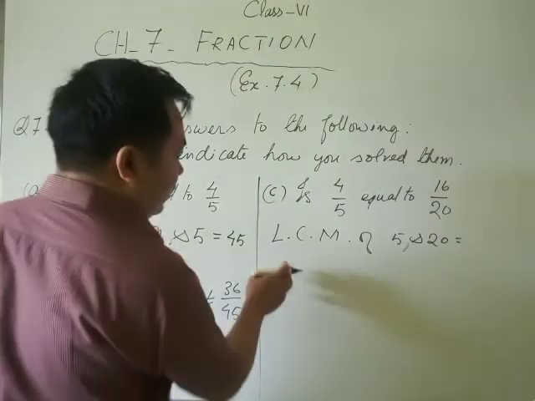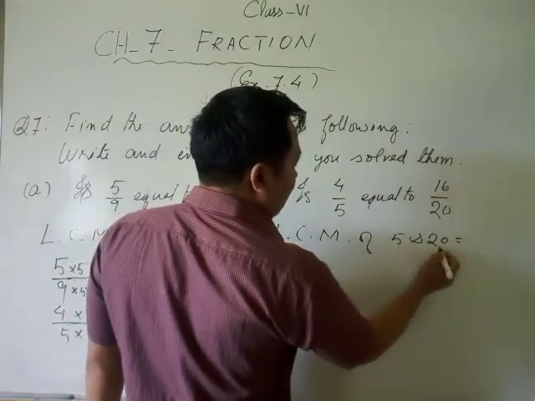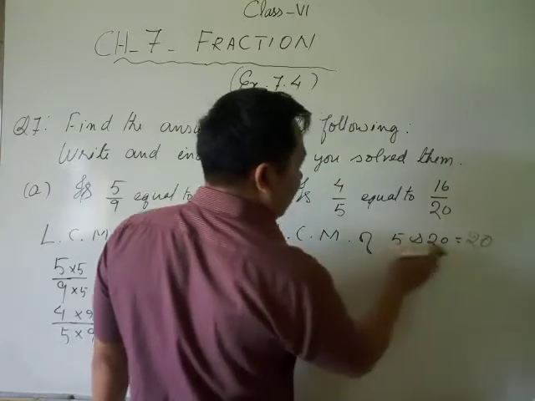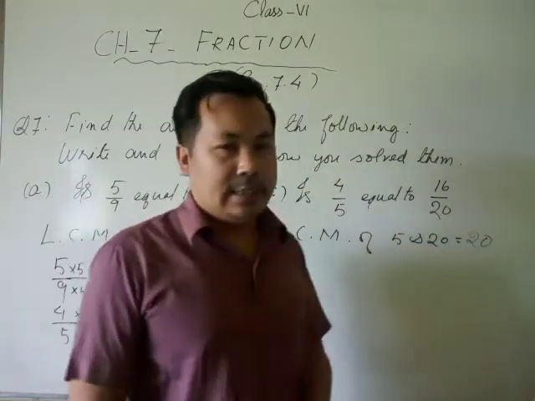The LCM of 5 and 20 is 20 itself. Why? Because 5 can divide 20, so 5 is a factor of 20. So 20 will be the LCM.